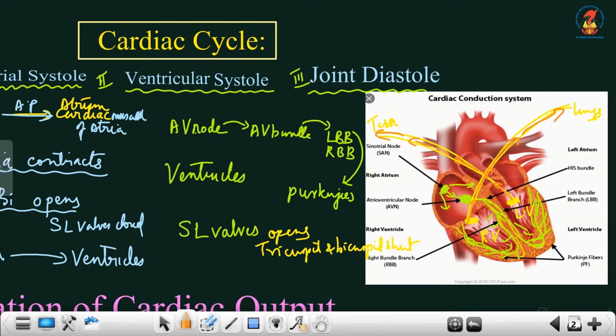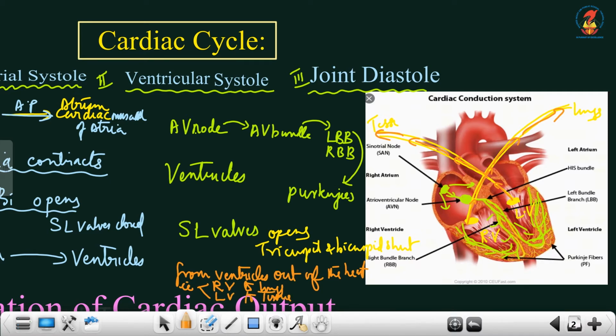So the flow of blood is from the ventricles out of the heart. You can be specific, that is, from the right ventricle to the lungs and from the left ventricle to the tissues.